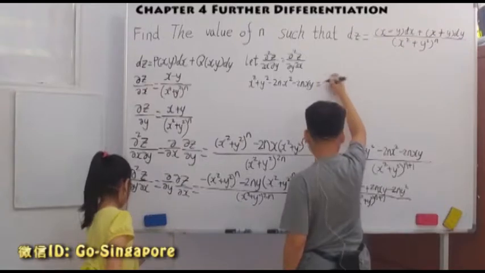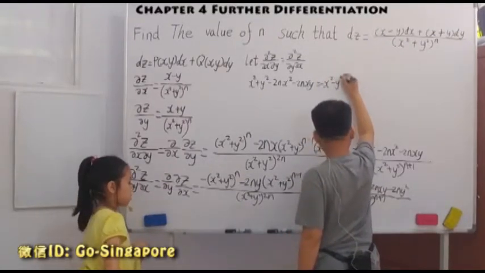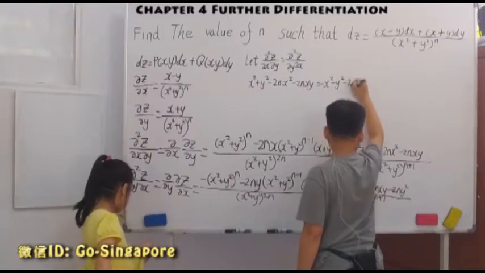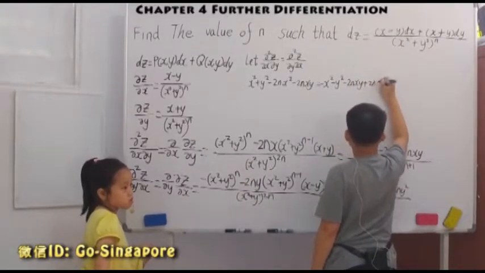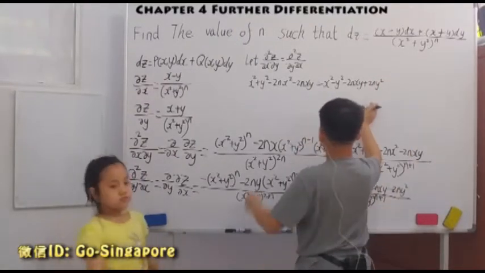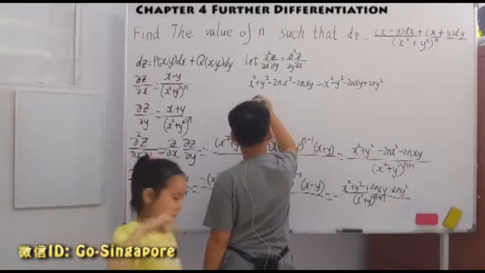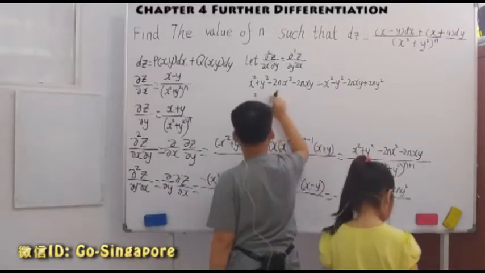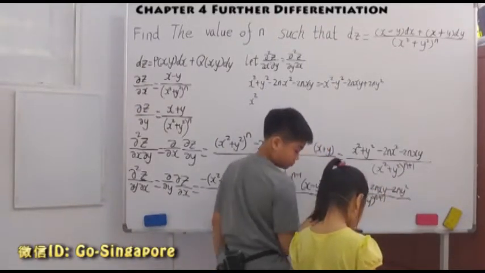Like this. So move this part to the other side. There's two of these that add together. Is it? Yes.